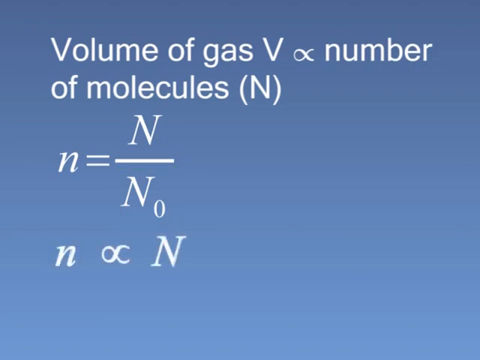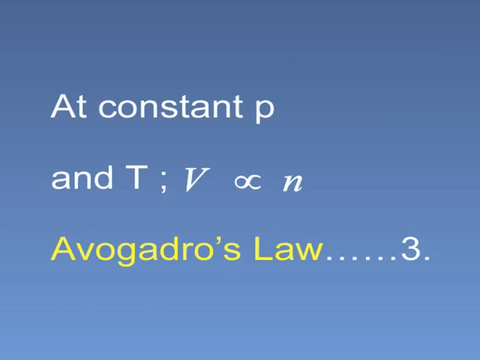Therefore, small n, that is number of moles, is directly proportional to capital N, that is number of molecules. Therefore, V is directly proportional to small n, that is number of moles. At constant pressure and temperature, volume is proportional to small n, which is known as Avogadro's law.